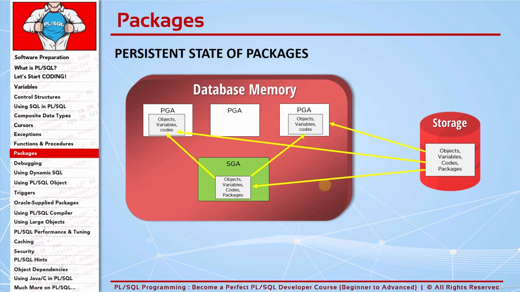Now let's come to our subject. We know that when a package is first referenced, unlike stored subprograms, the whole package is copied into memory directly. But here there is something really important, so listen carefully. While the package is being copied, the public objects and public variables of that package are copied into the PGA, but the subprograms are copied into the SGA.